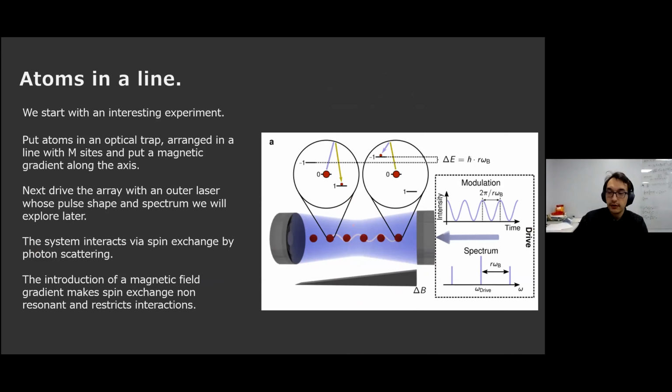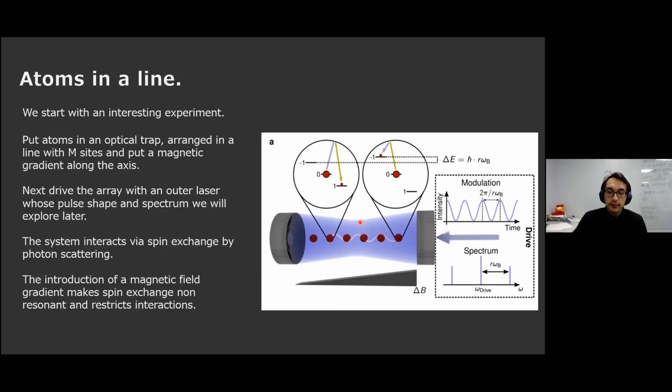On top of that, we also put a magnetic gradient so that the hyperfine splitting between the atoms makes these different spin states have different energies depending on the location of the atom in the magnetic field gradient.